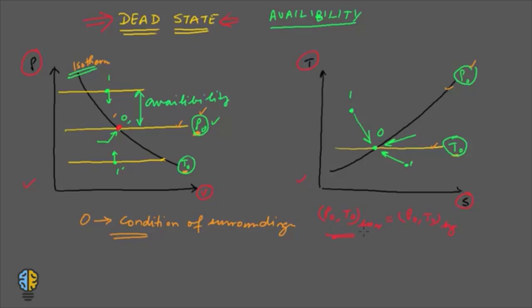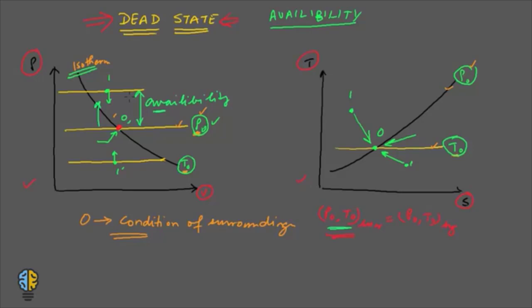When this condition occurs, there is no available work that can be extracted from the system. But when the system goes away from the state of the surroundings, that is, when you move from point O to point 1, the availability will increase. That is, an opportunity will start arising that can help you in producing work.